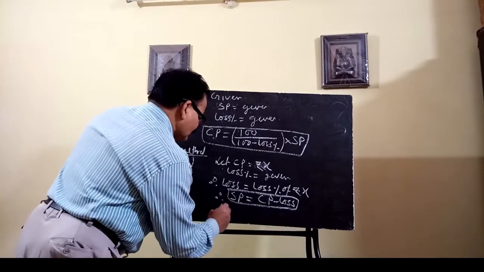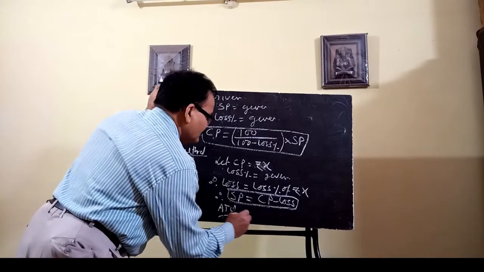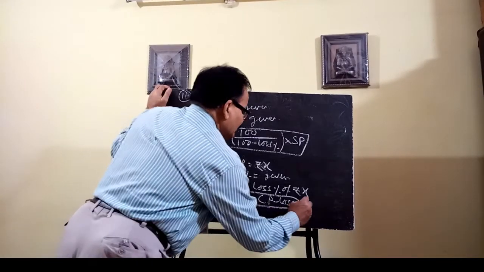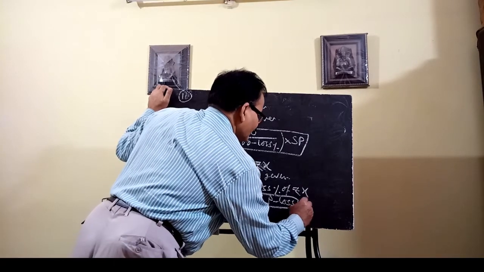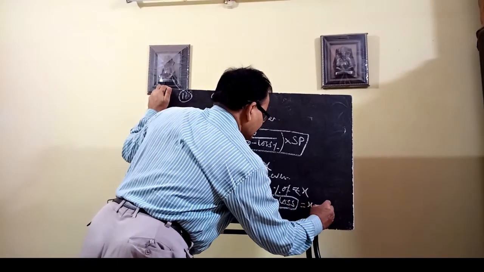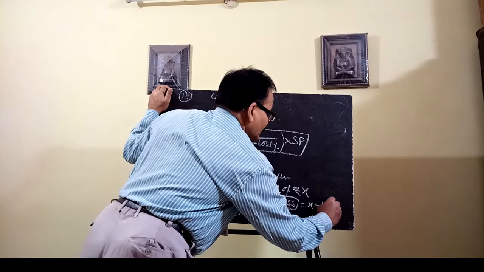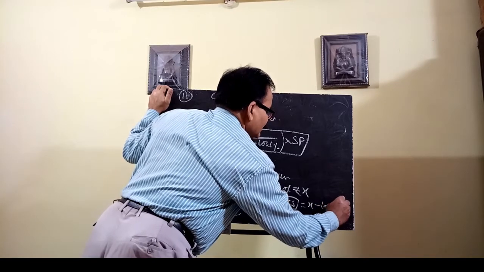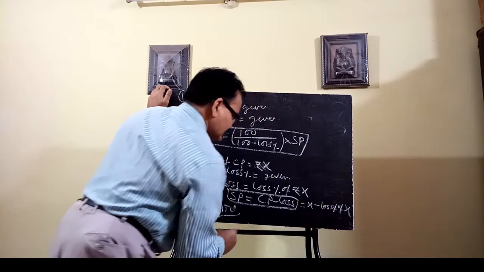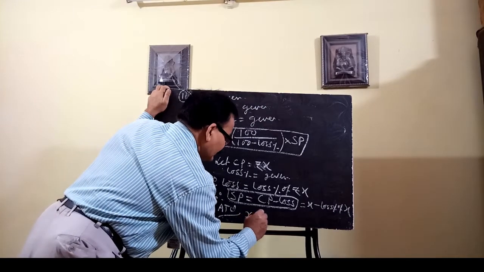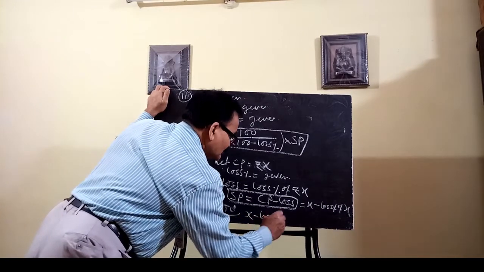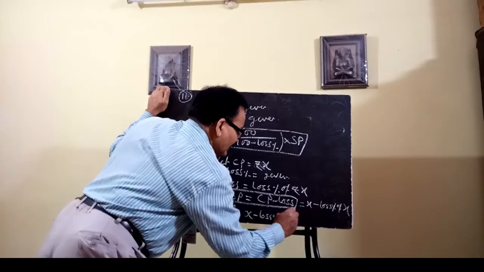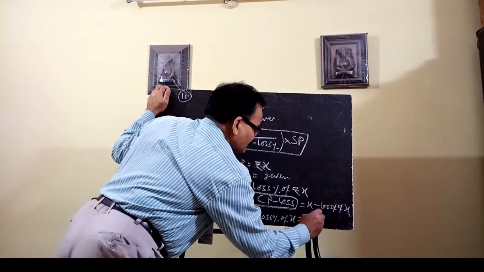Then according to question, it is your x minus loss percent of x. So according to question, x minus loss percent of x is your SP.